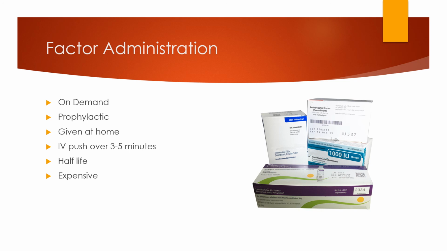So that gives you an idea of how expensive factor is for your hemophiliac patients. So again, very important that they're understanding the correct use of factor, how it's supposed to be given, how it's supposed to be stored, and the importance of these individuals getting the appropriate amount of factor.